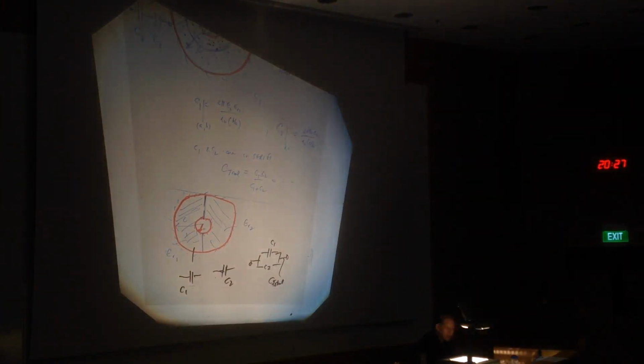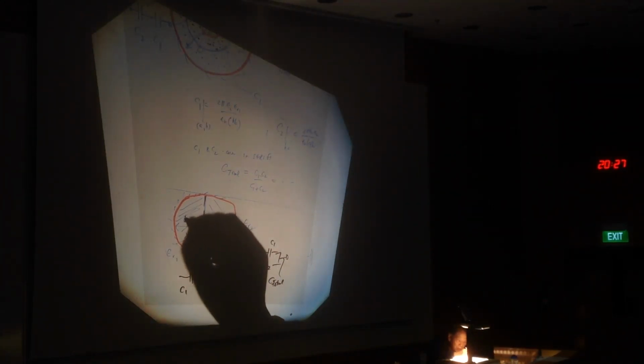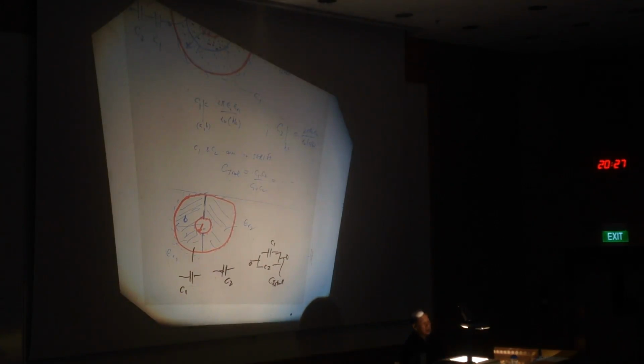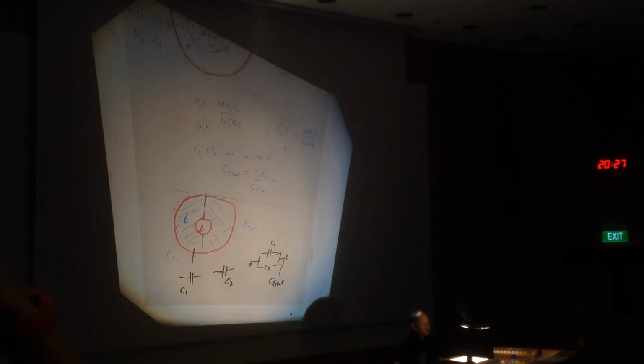Because I put C there. Put B, so you're more used to B. B upon A. Next one is half of 2 pi epsilon naught epsilon R2 over ln again B upon A. In parallel, you add them together.